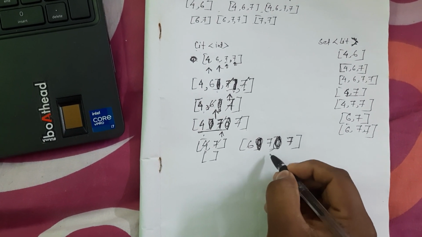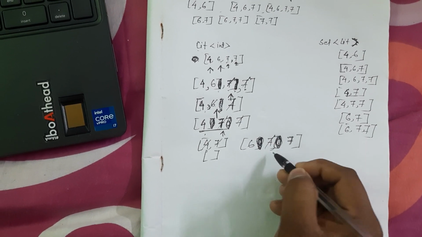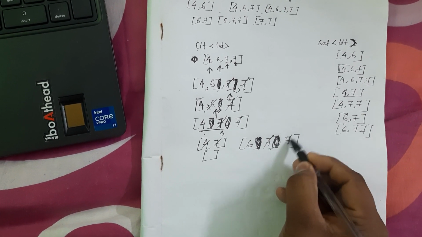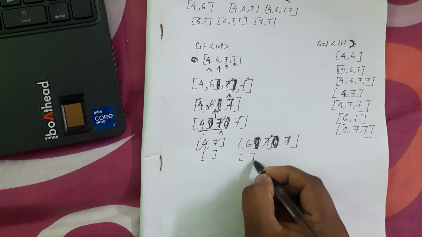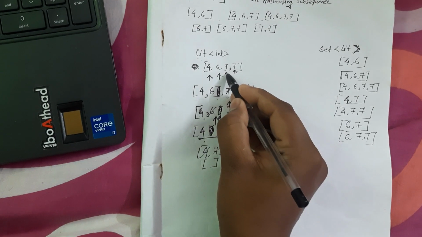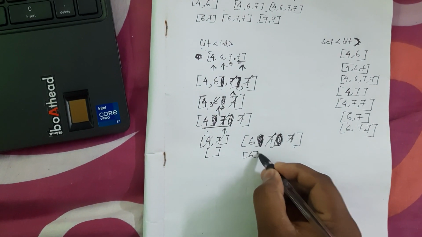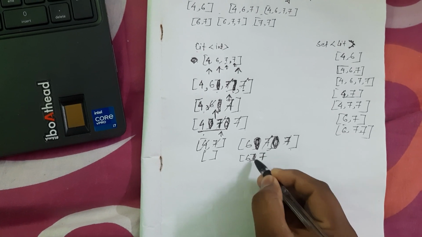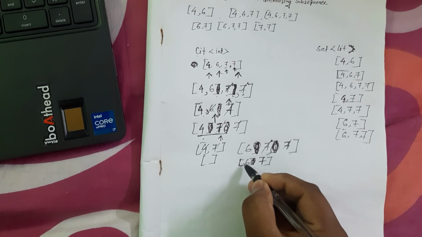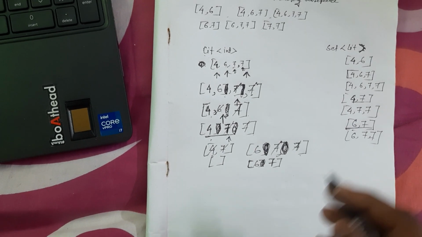So we came back to our previous index, which is 7, and we need to remove that. If we remove it, the list becomes 6, and we move to the next index. We can add the next index, which gives 6 7, but the 6 7 list is already present, so we will not add it.